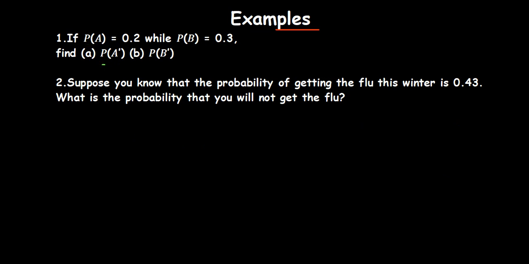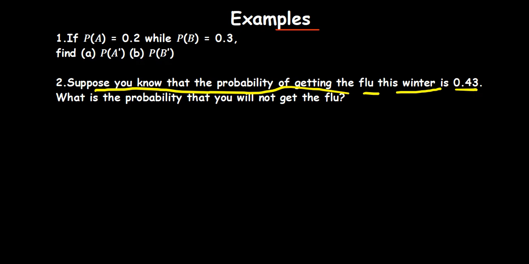The second one is in a more applied way. They are saying, suppose you know that the probability of getting the flu this winter is 0.43. What is the probability that you will not get the flu this winter?